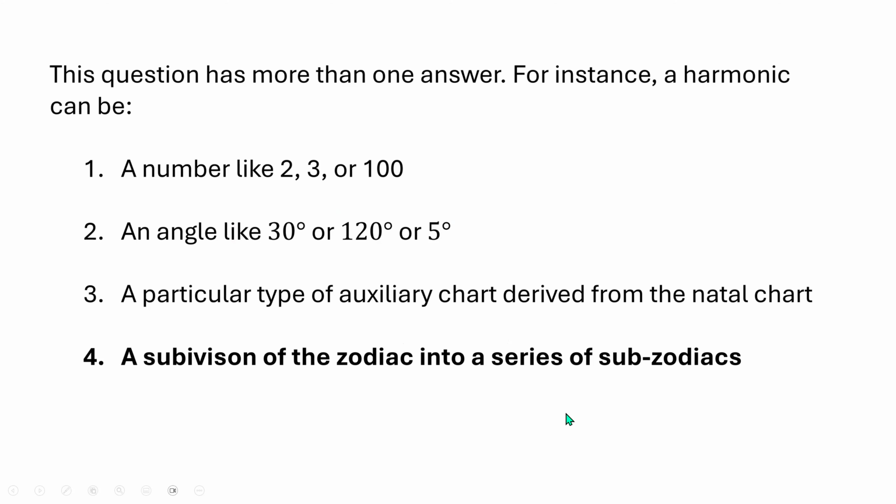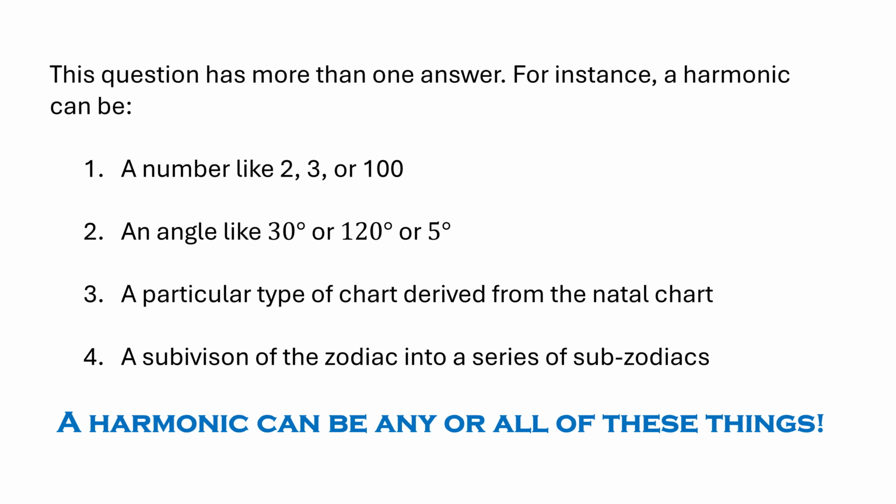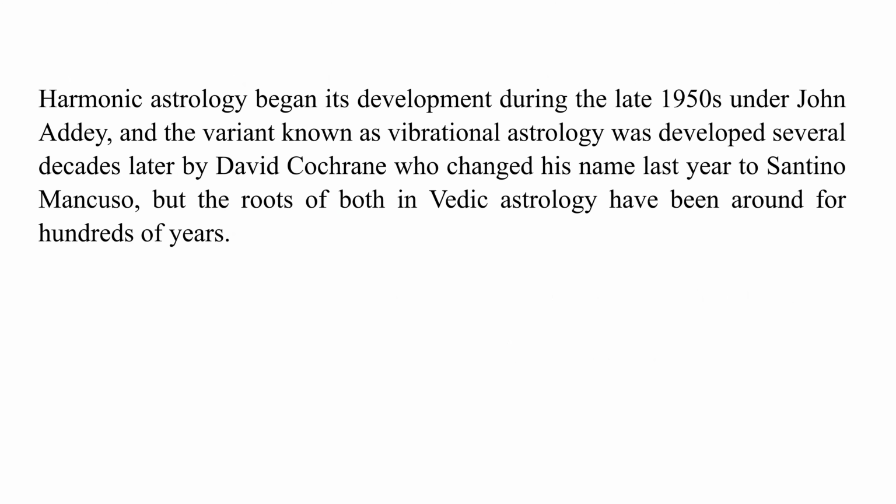And if you do that for every sign in the horoscope, then you get 12 subzodiacs. And that is creating a harmonic, we'll talk about more shortly, called the 12 harmonic. But any kind of subdivision of any angle of the zodiac into a series of subzodiacs, that creates harmonics. So a harmonic can be any or all of these things.